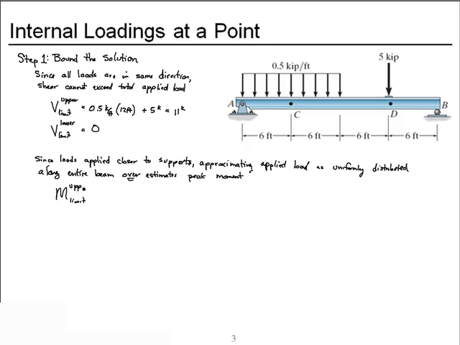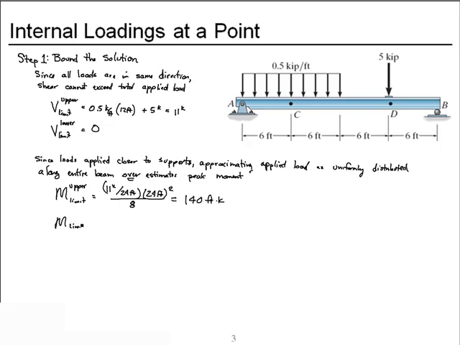So our M upper limit is the 11 kips divided by 24 feet. That's the equivalent distributed load across the entire beam. L squared, 24 feet squared over 8, gives us 140 foot kips as our upper limit.